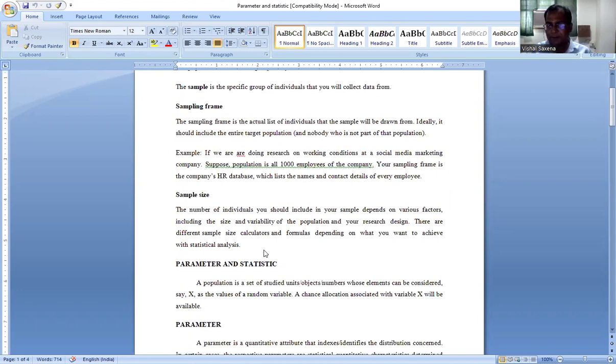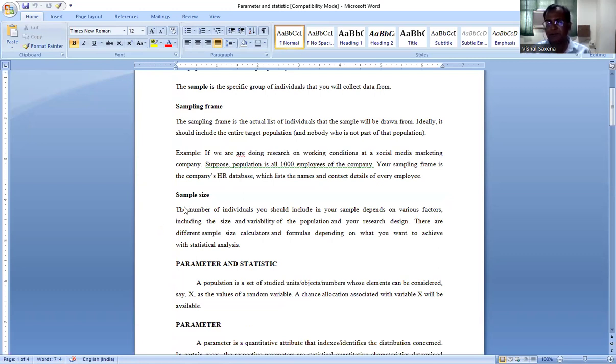Now, sample size. The number of individuals you should include in the sample depends on various factors, including the size and variability of the population and your research design. There are different sample size calculators and formulas depending on what you want to achieve with statistical analysis.